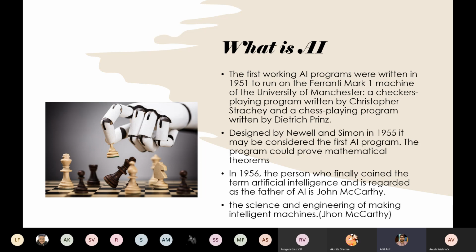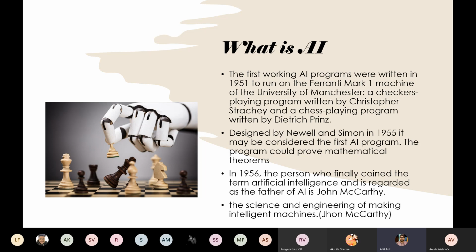So what is artificial intelligence? First of all, I'll start with a basic intro about how artificial intelligence came up. Many people confuse the first project of artificial intelligence with a checker project that was made by Christopher Strachey and Dietrich Prinz.